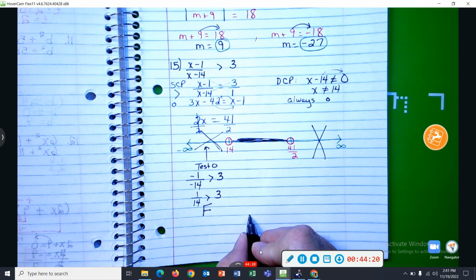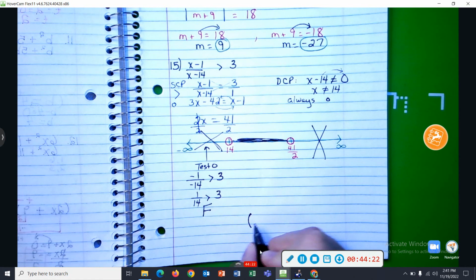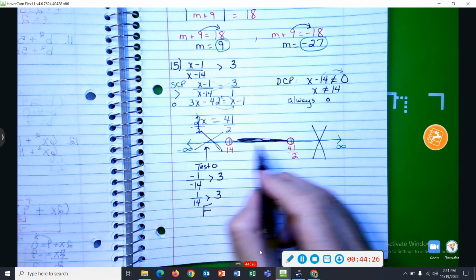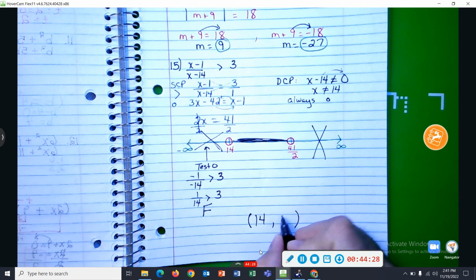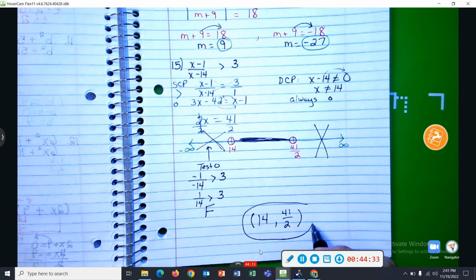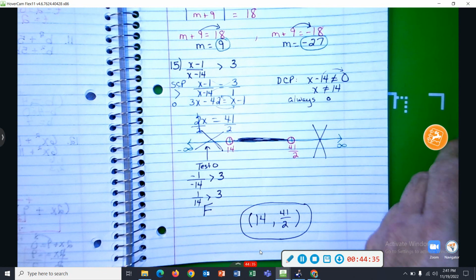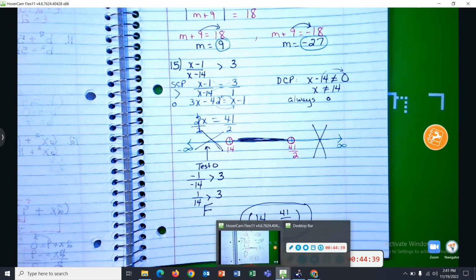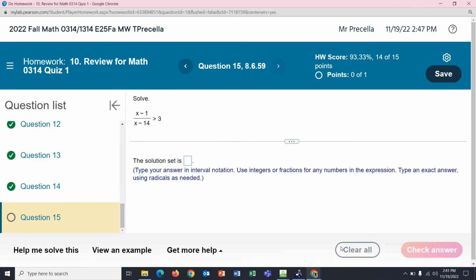Write your answer in interval notation. Parentheses for the open circles. 14, 41 over 2. Be sure to put those parentheses. Coming over here.